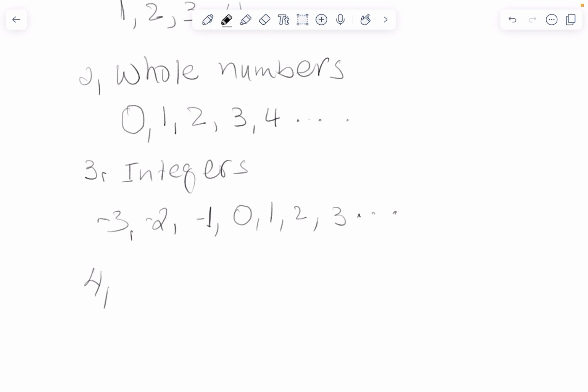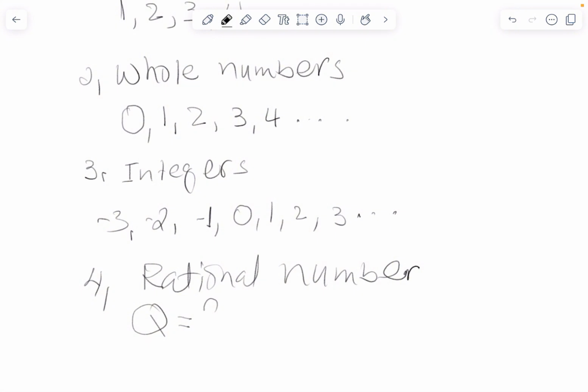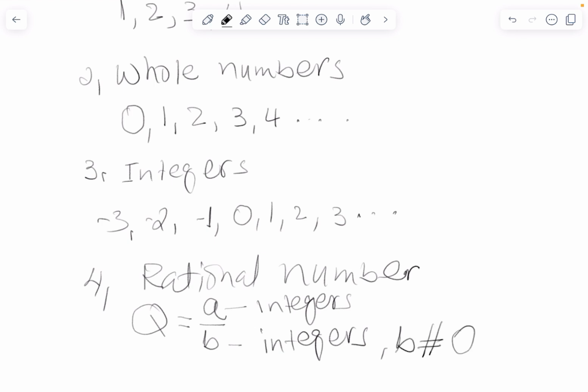The next one we want to talk about is rational numbers. A rational number Q is the ratio of A over B. A is an integer, and B can be an integer also, but B cannot be equal to 0.